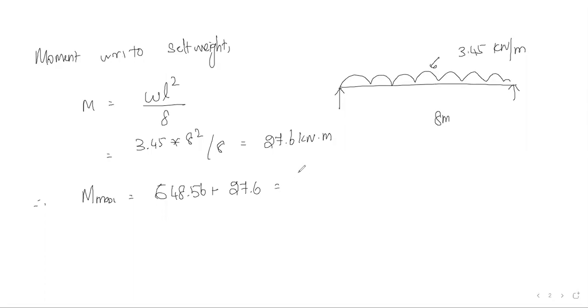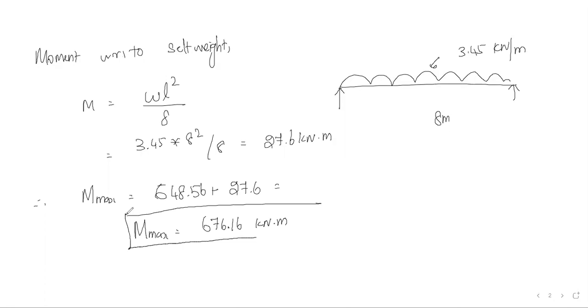By adding this, I can get M max is equal to 676.16 kilonewton meter. For this moment, I have to choose the trial section. Next, I will calculate the shear force also. So step 3, shear force calculation.